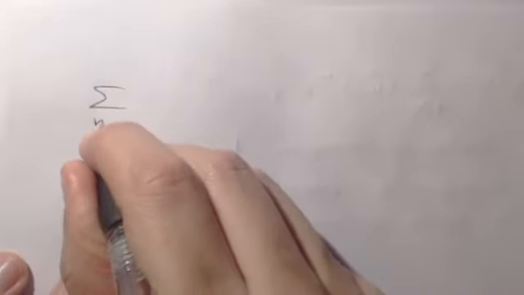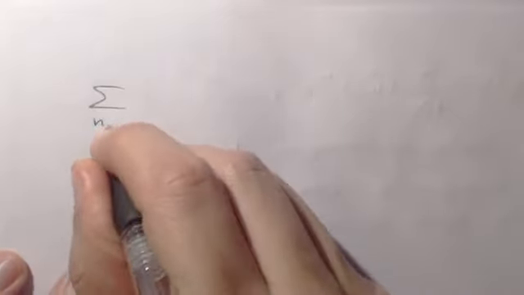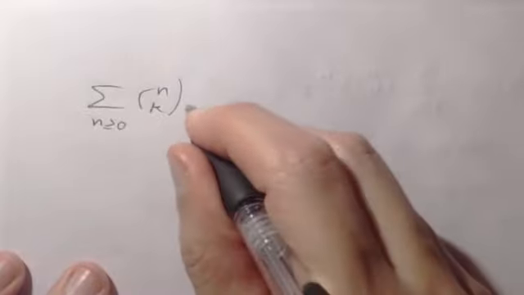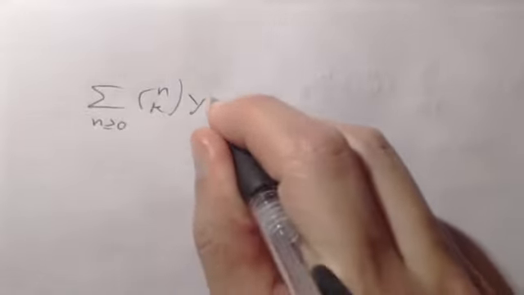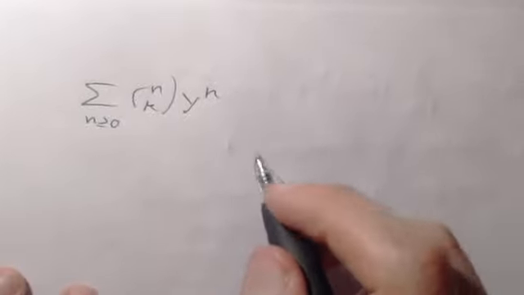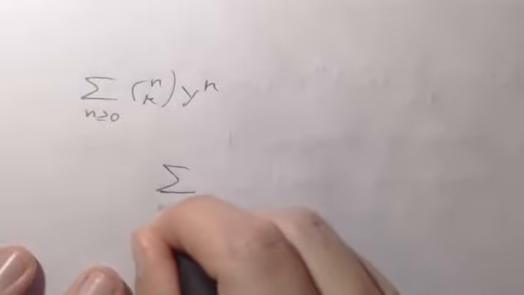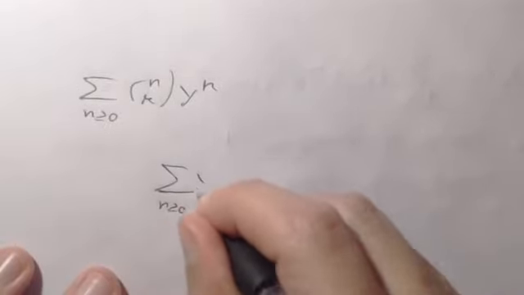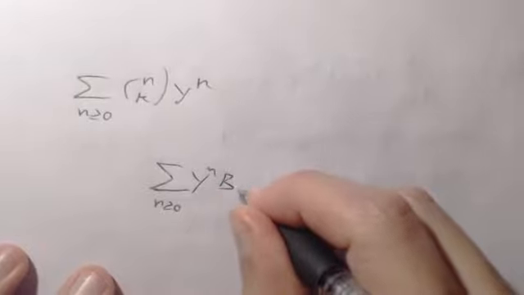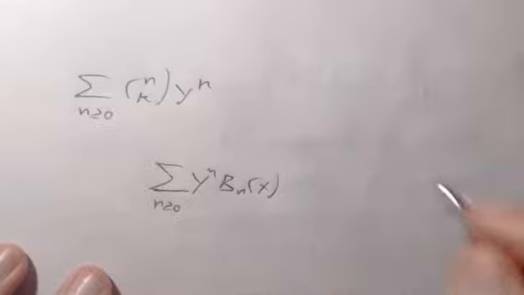And one last thing I want to talk about, again about section 1.5, is when we were working out the sum. It was the sum from n greater than or equal to 0 of (n choose k) y to the n. We did this, and what we did is we looked at the fact that the sum of n greater than or equal to 0, y to the n, times (1 plus x) to the n.